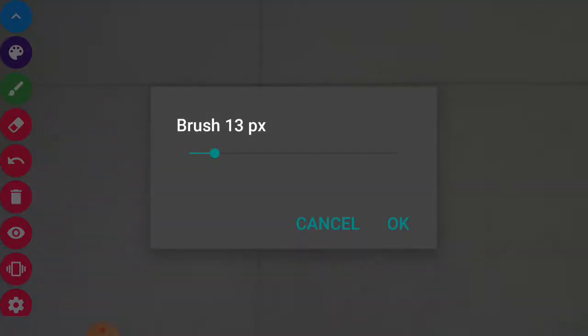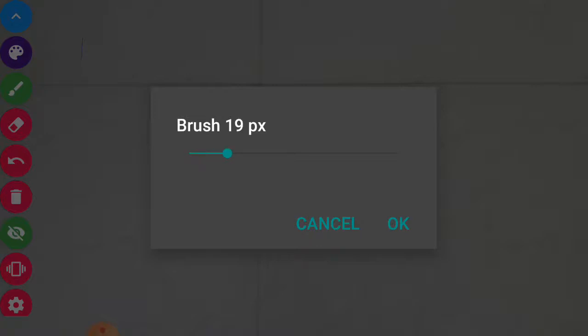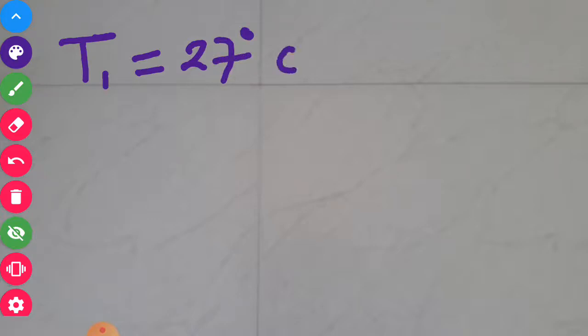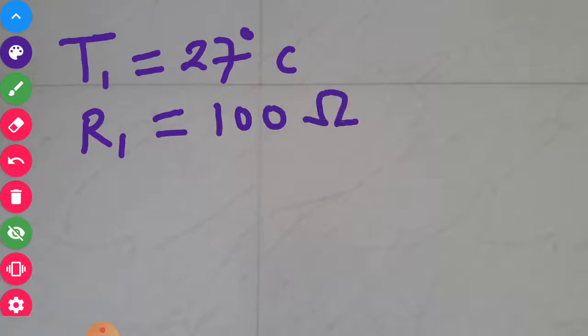So at initial temperature T1, which is 27 degrees Celsius, that resistance R1 is equal to 100 ohm.